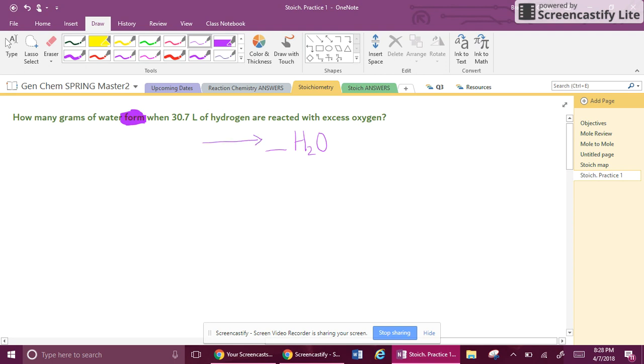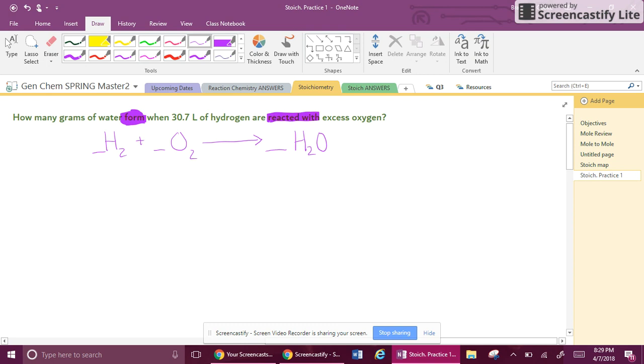And there's my arrow. Then what's going to be on the reactant side? I'm looking for keywords like "reacted with." So hydrogen is reacted with excess oxygen. That's going to look like hydrogen being reacted with oxygen, and I know that they're diatomic, so I have to have two.